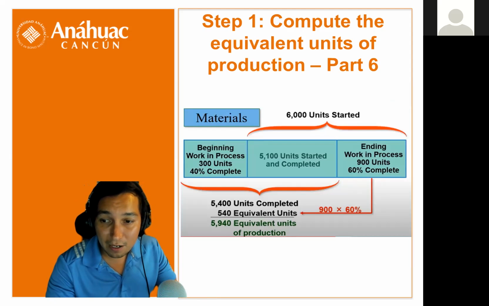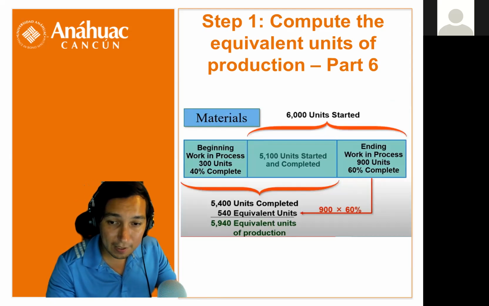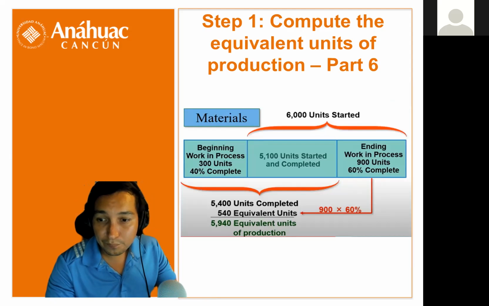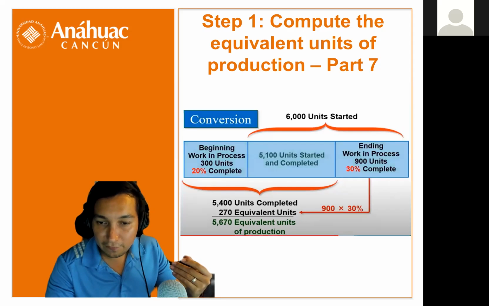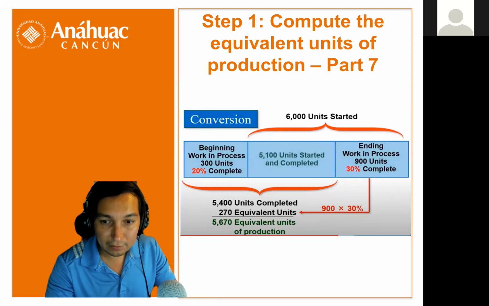So the ones that are completed are 5,400 that get completed plus 60% of those 900, which is the 5,940, and we see similar for the conversion. We got 5,400 units, and then 30% of the ending WIP, the 900, is our equivalent units for 5,670.